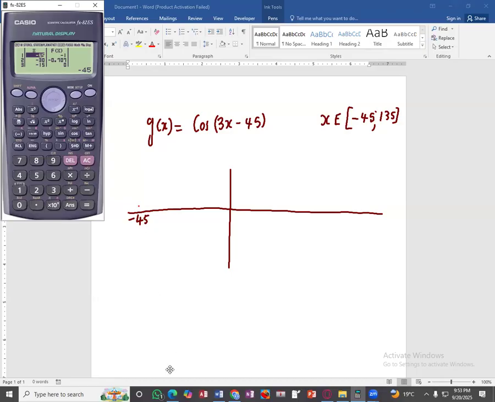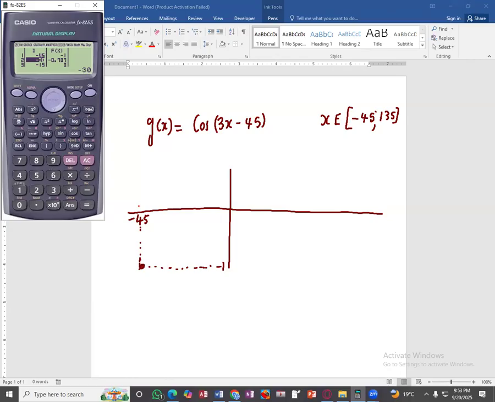Now you start sketching. You say negative 45 and negative 1. Negative 45 matches with negative 1. It's your first point. Negative 30 with negative 0.707. Okay, you can see that on the other graph, when I was sketching sine x, some information I was cutting out.